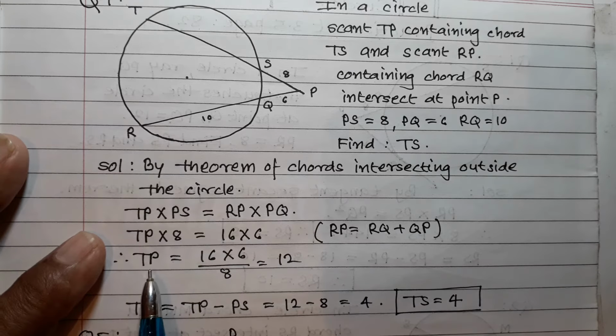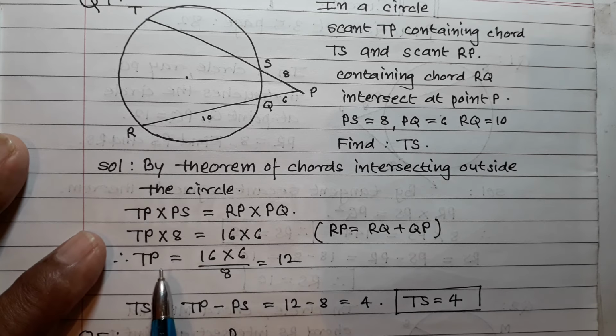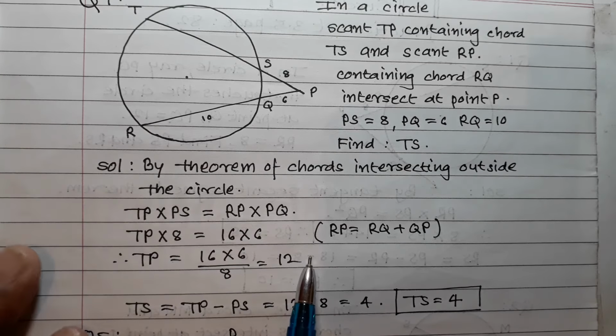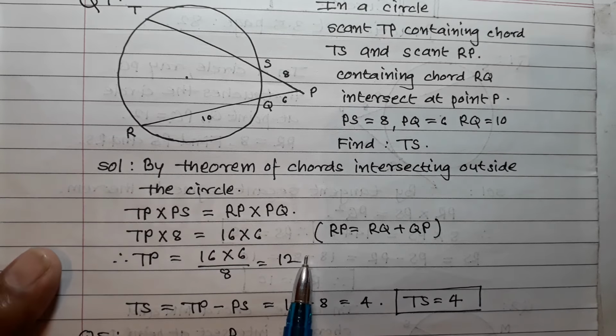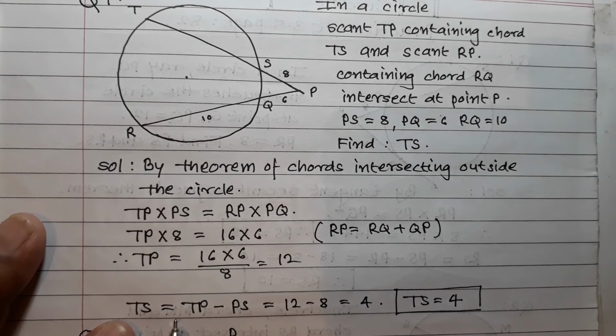So therefore TP is equal to 16 into 6 upon 8. 8 2s are 2 into 6 is 12, and therefore TP is equal to 12. Now TS, you want TS is equal to TP minus PS. So TS is equal to 12 minus 8 is equal to 4, and therefore TS is equal to 4.